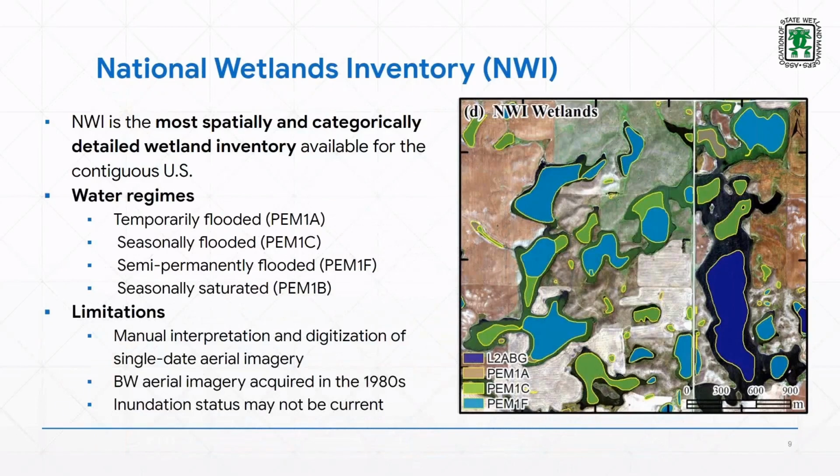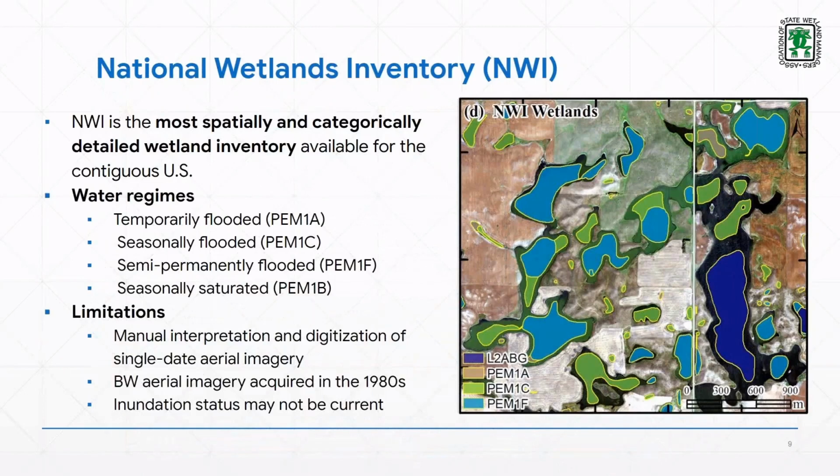For example, ranging from temporary to semi-permanent, permanently flooded wetlands. And as you can see from the right here, some of the polygons are overlaid on top of the one meter resolution imagery. And you can see that right now the wetland inundation area is much larger than the NWI polygon.